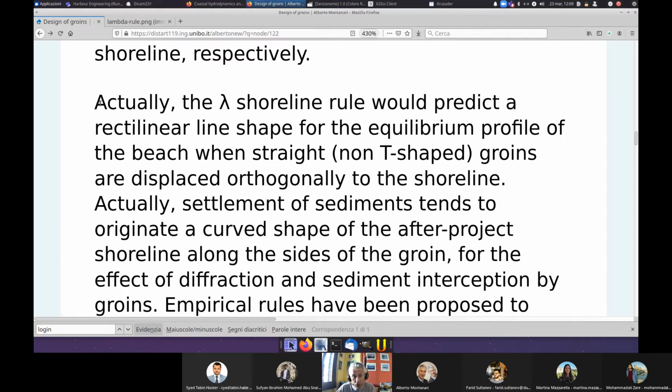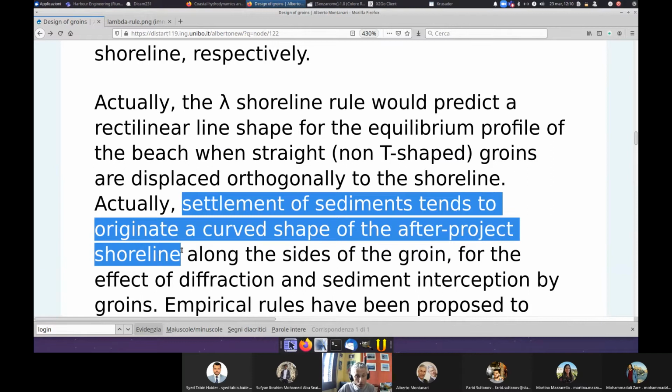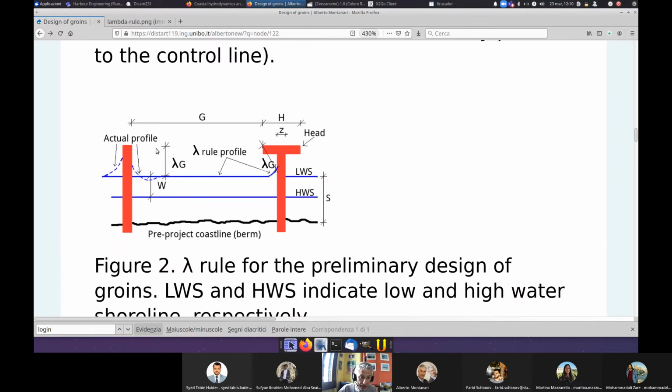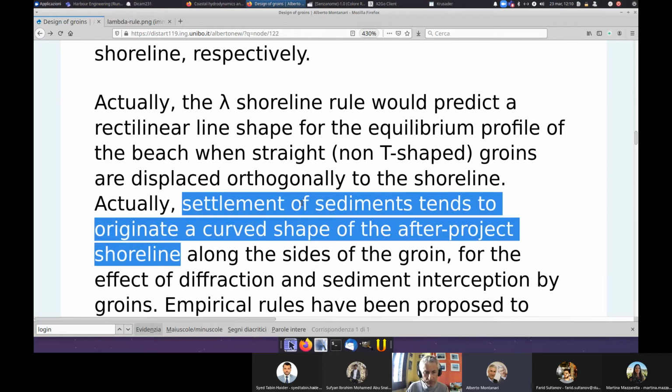The lambda shoreline rule would predict a rectilinear shape of the equilibrium profile of the beach, but it's not rectilinear because, as I mentioned, settlement of sediments tends to originate a curved shape of the after-project shoreline. That is what is depicted here with the blue dashed line. So it's not rectilinear, clearly. Okay, good. Let's move forward.